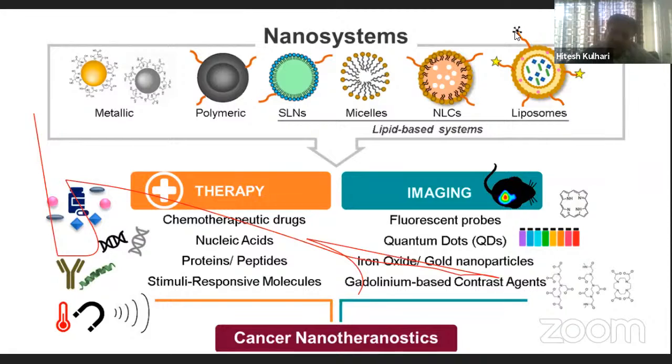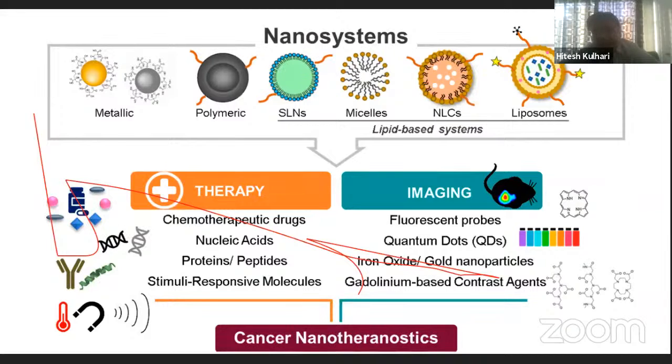This targeting ligand will help recognize the cancer cell, acting like a biomarker. So using nanotechnology, we can design better nanomedicine for the treatment of cancer.